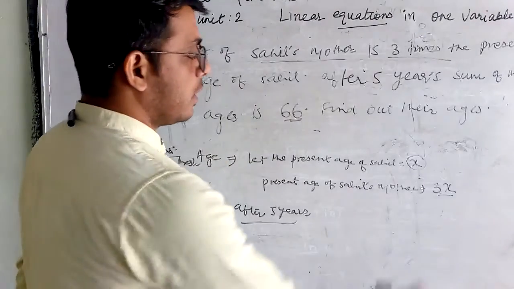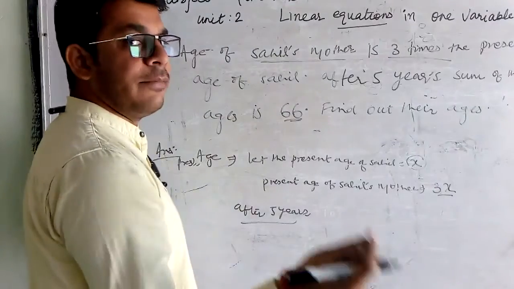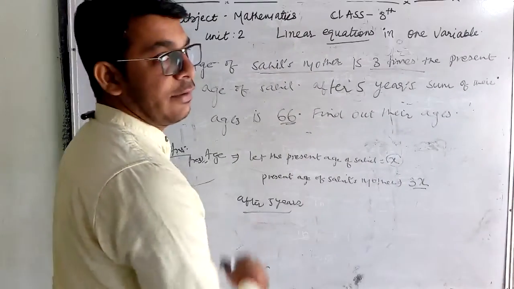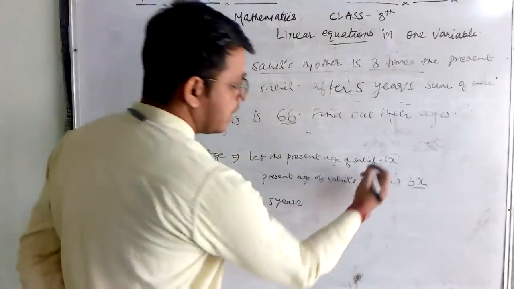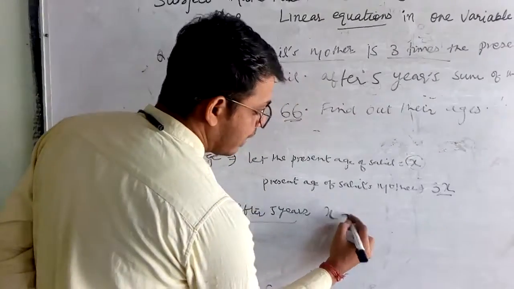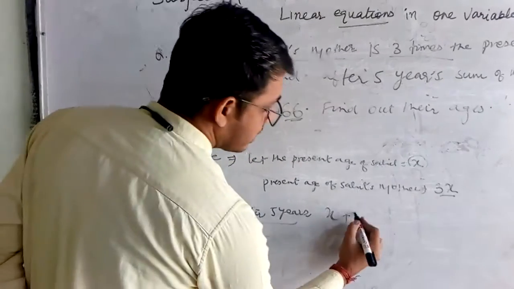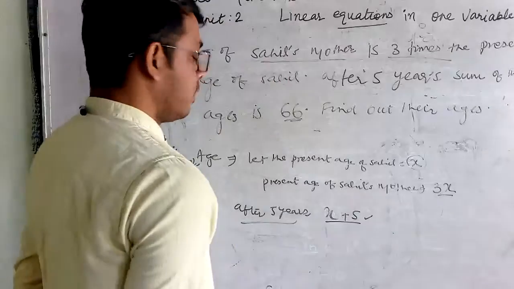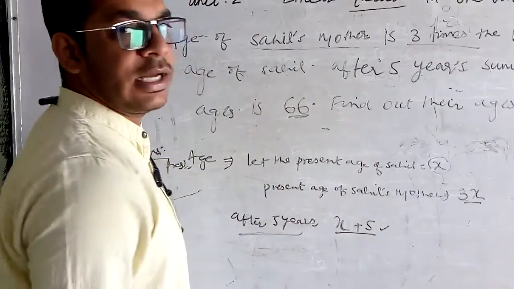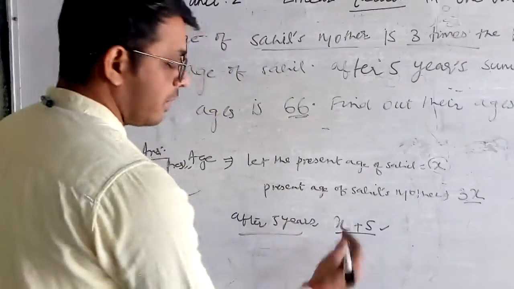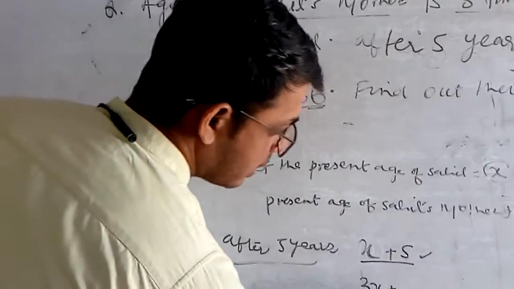The age of Sahil will add 5 to the present age. Present age is x, but after 5 years it will change to x plus 5. Present age of Sahil's mother is 3x. After 5 years, 3x plus 5.